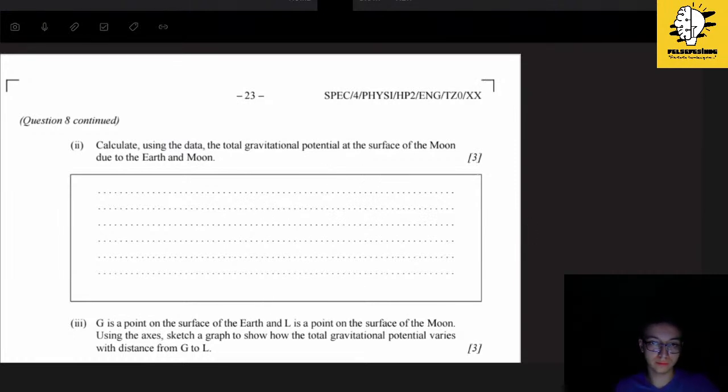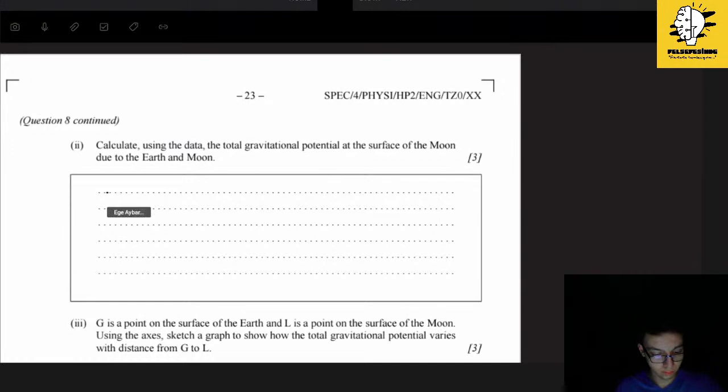All right. In order to find the total gravitational potential, we need to just add them up, and because they are both negative, we will just add them up. No problem with that.